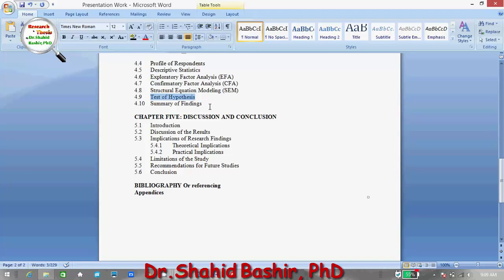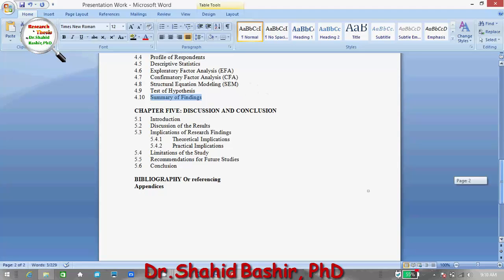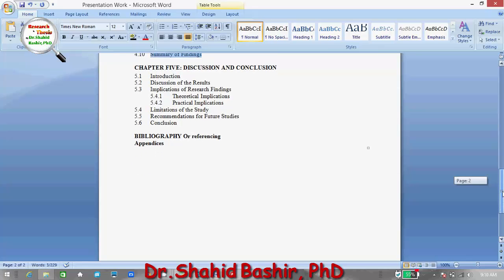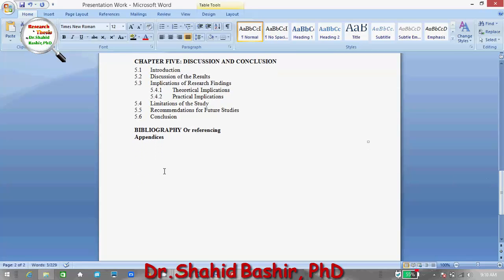For example, if we are analyzing the mediation between two variables, we might use a specialized mediation test under bootstrapping or other than whatever the requirements of researchers are. So finally, there is a summary of the entire chapter, including what hypotheses were supported and what were rejected.